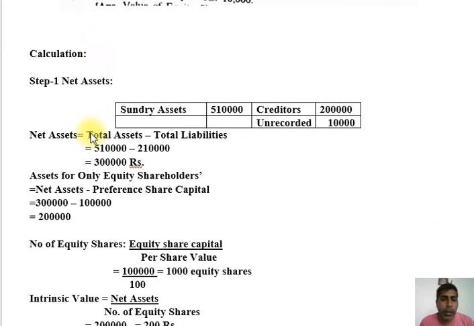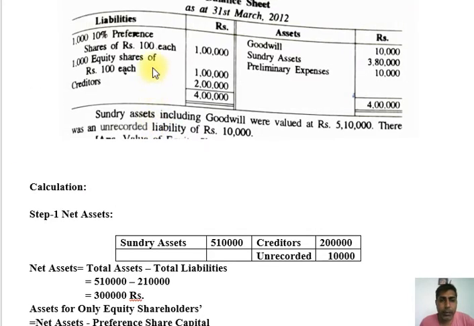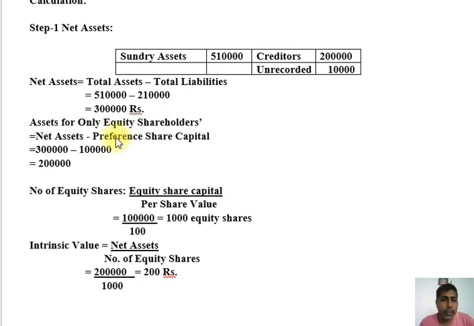So friends, here we find out the equity shares value. So we find out net assets only for equity shareholders. So net assets minus preference share capital. So 3 lakhs minus 1 lakh, and our net assets is 2 lakhs.